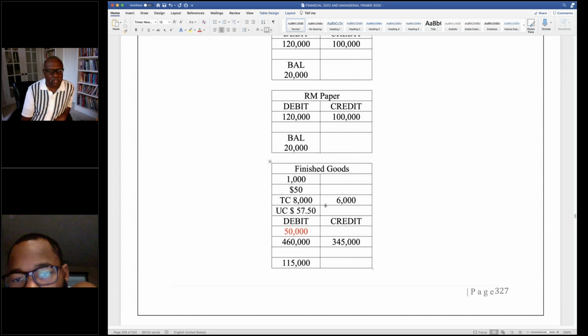So if we were using LIFO, then it wouldn't matter. The cost would be the same thing. But if we were using FIFO, we'd have to pull out 1,000 units at 50,000 as being sold, and then the other 5,000 would be at the 57.50. And that would be under the cost of goods sold, finished goods, journal entry, right?